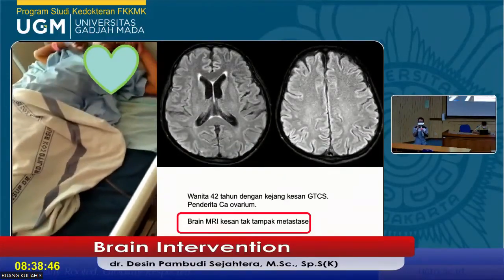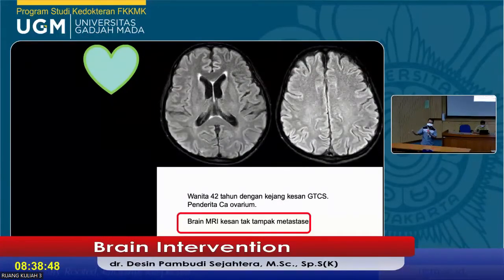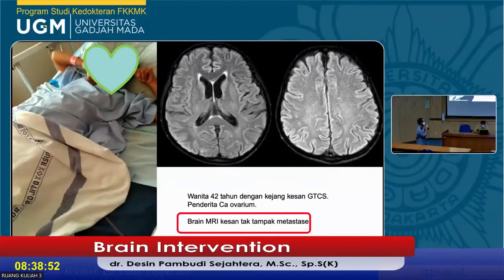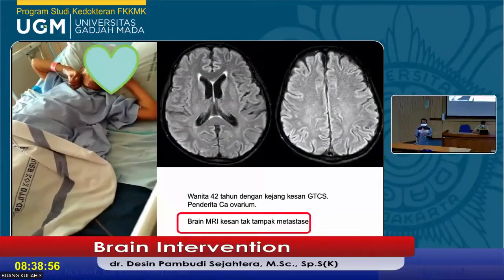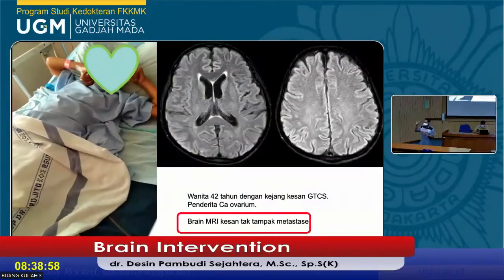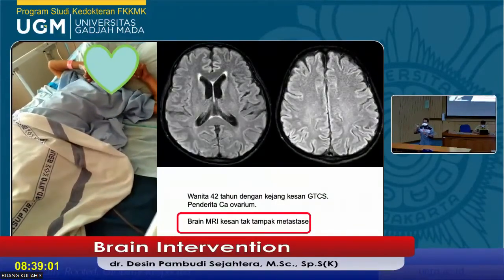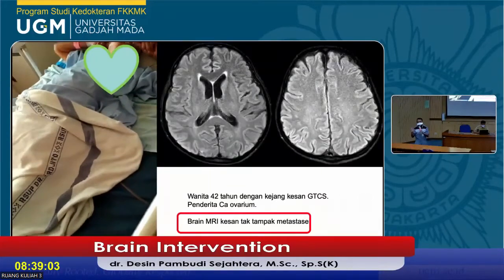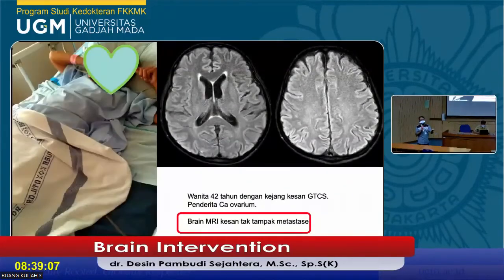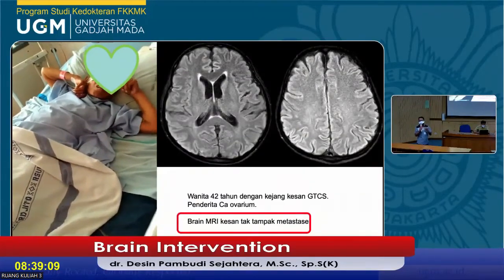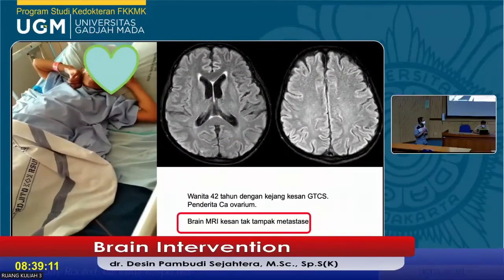Focal is one side only, maybe the right side followed by both sides, or maybe the left side. This one is directly both sides, so it is generalized. Maybe this is metabolic, not related to the cancer or the brain imaging. Maybe the patient has hypoglycemia or hypernatremia, and so on. An abnormality in the metabolic findings.